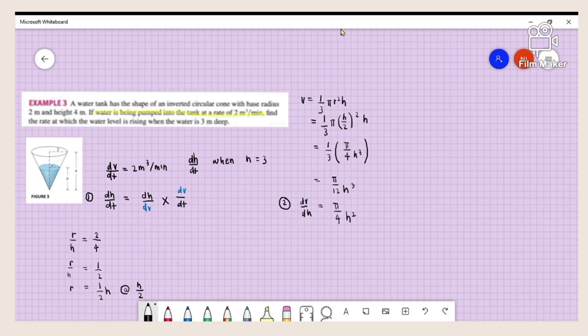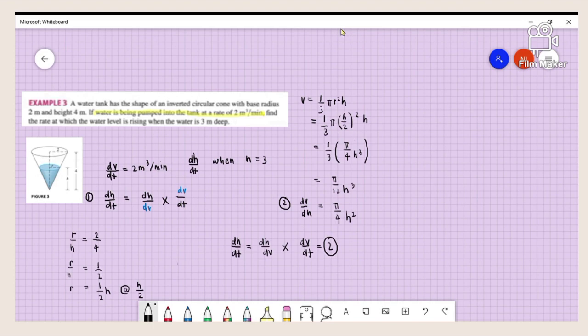So dh over dt is equal to dh over dV multiplied with dV over dt. If you realize, we already have the value of dV over dt, which is equal to 2.